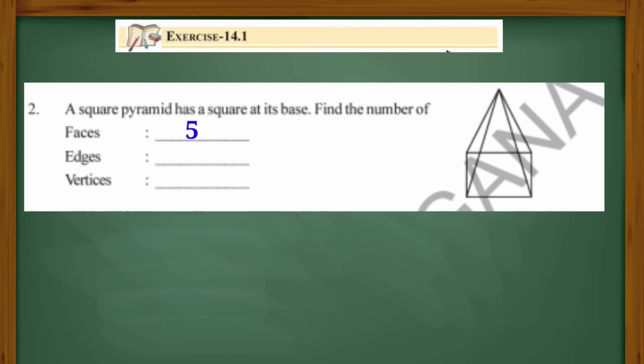Yes, you are right. At the base, there are 4 edges and at the sides, there are another 4 edges. Total 8 edges are there. Then, what about the vertices? How many vertices will be there? Yes, you are right. It has 5 vertices.